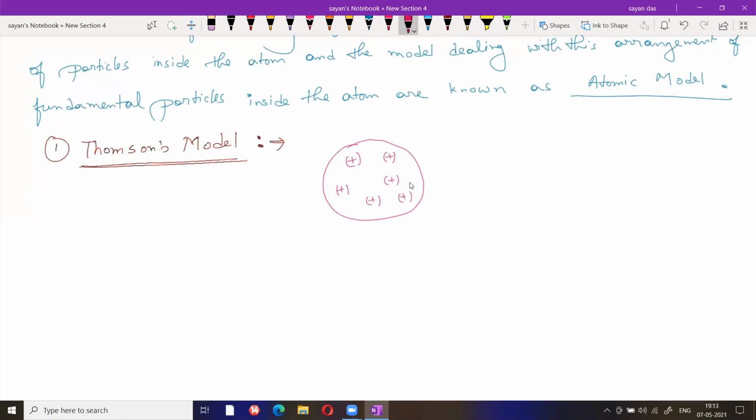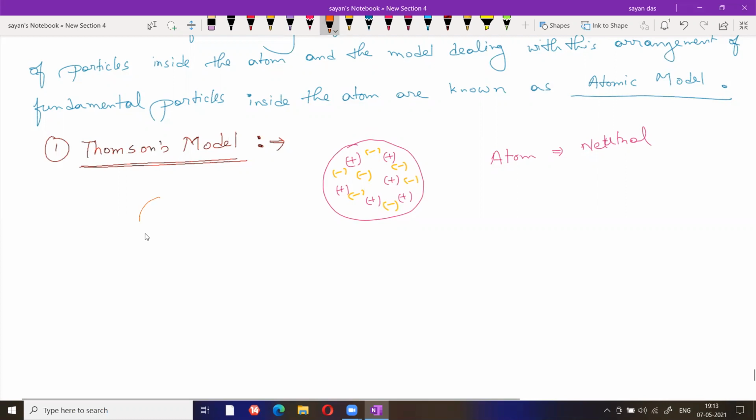We all know that an atom is neutral. So if the positive charge is symmetrically arranged in the atom, definitely some electrons are present, and electrons can be arranged randomly.